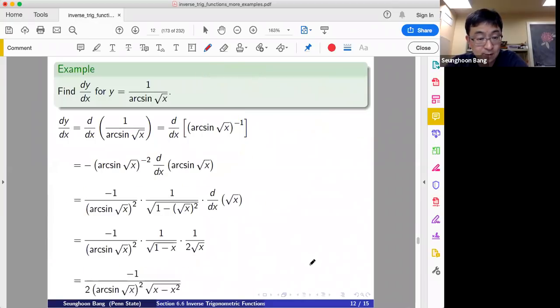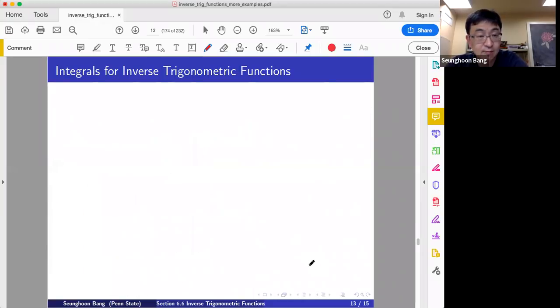So like this, we have this answer. What about the integral of inverse trig functions? Do you know the relation between f prime and f? Do you know this kind of thing? One example is, what is x squared prime?